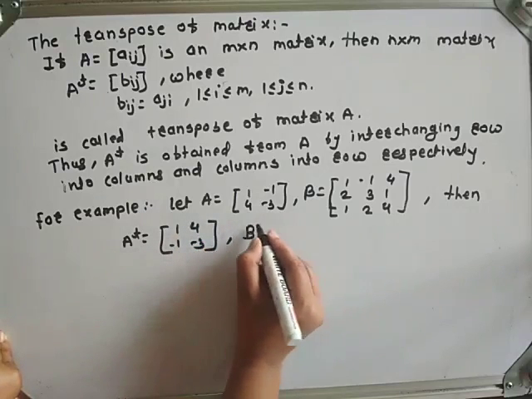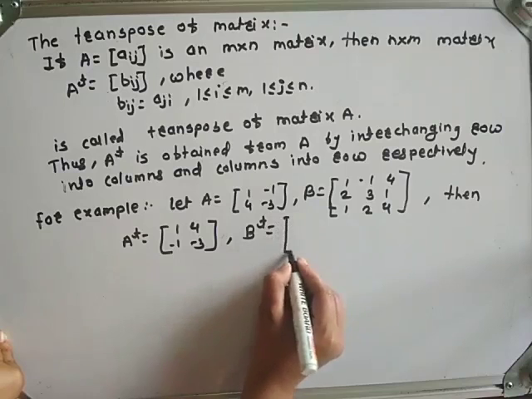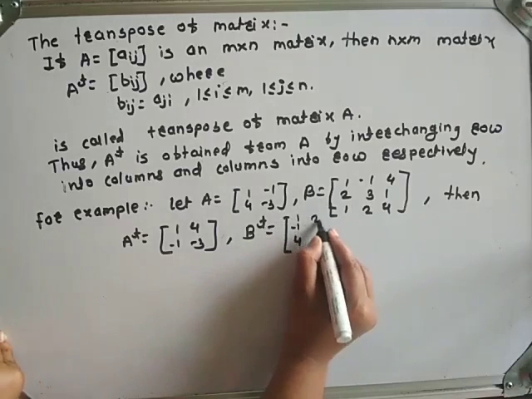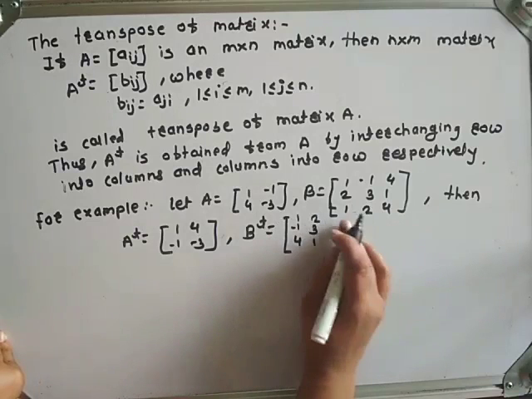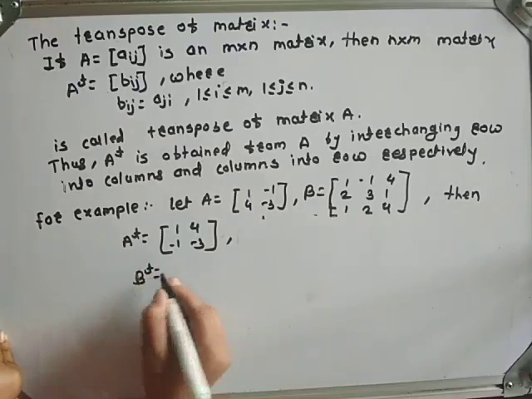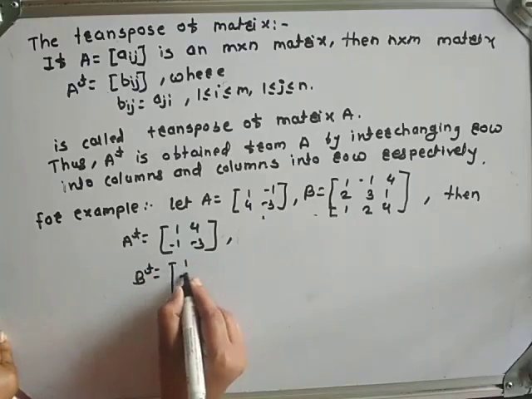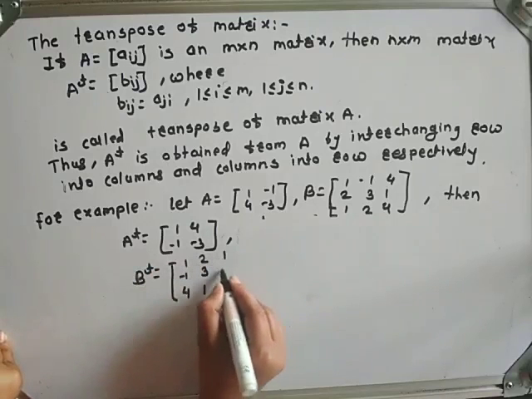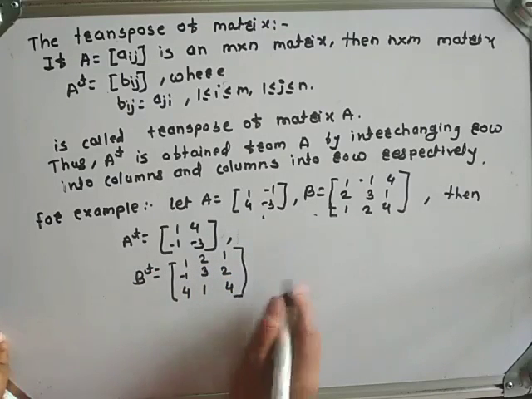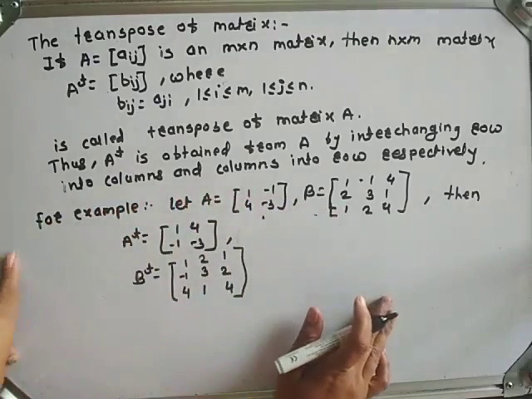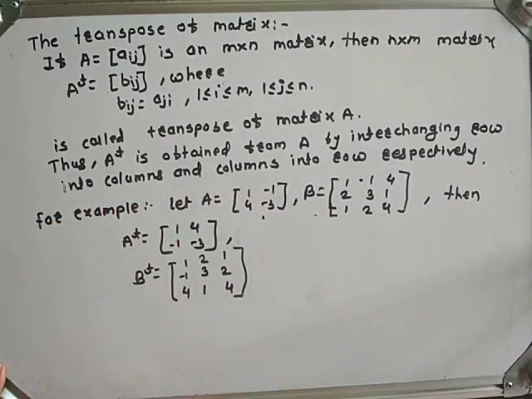And B transpose is 1 minus 1, 4, 2, 3, 1, 1, 2, 4. Students, always remember that A transpose is nothing but interchanging rows into columns and columns into rows respectively.